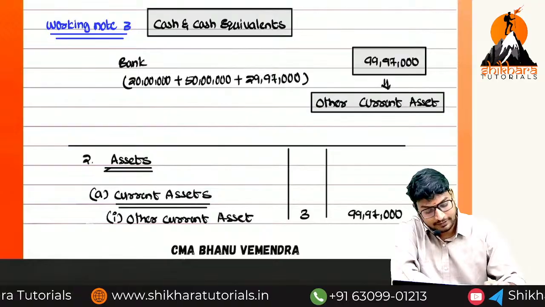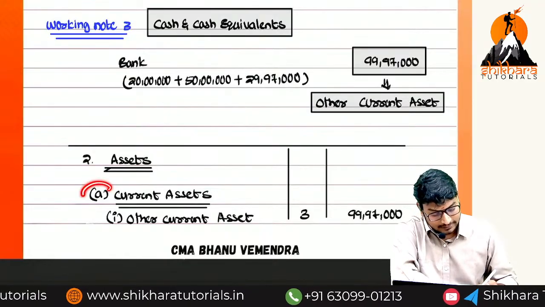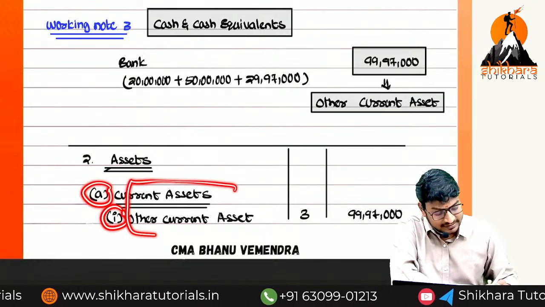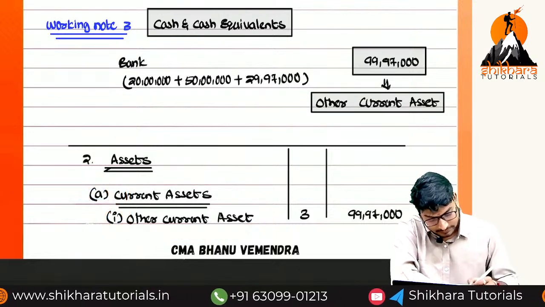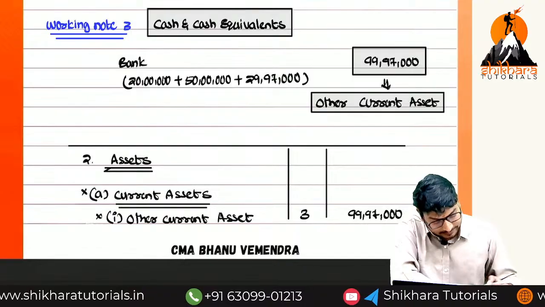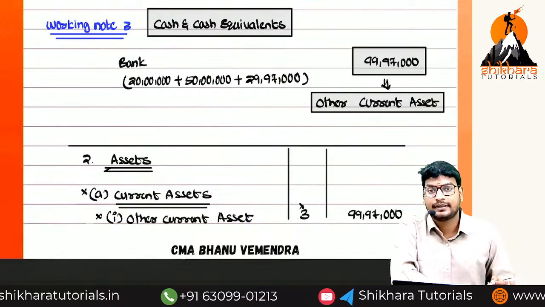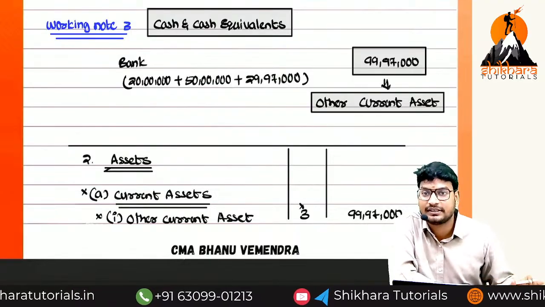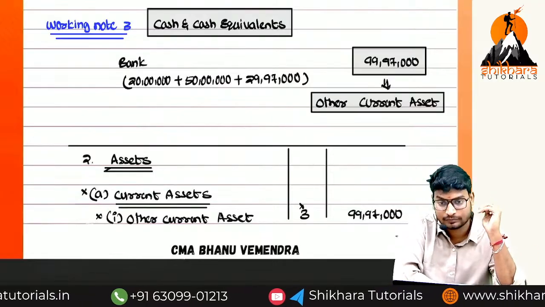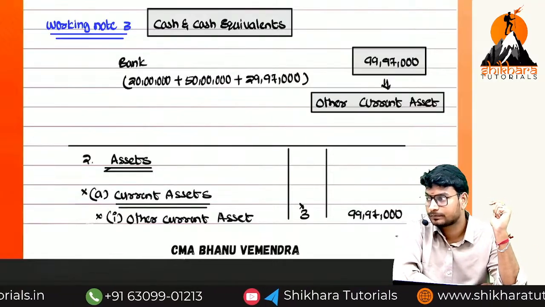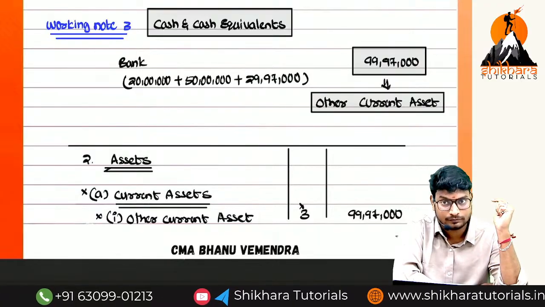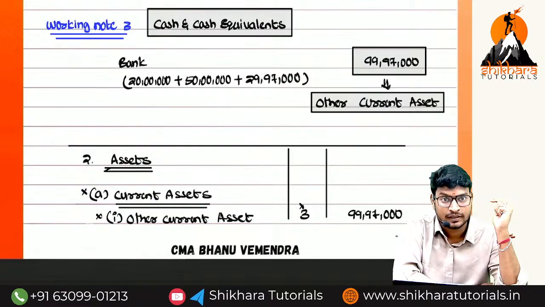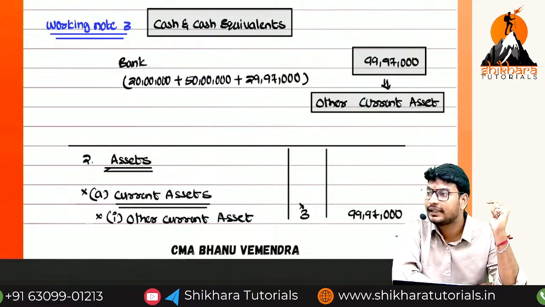This number will change, but the presentation is the same. Now what things will change? This one and this one will change, but the presentation is the same. See the presentation. Now, is the balance sheet tallied or not?